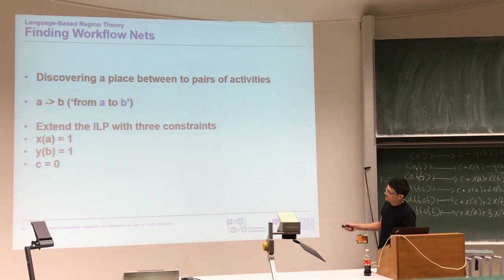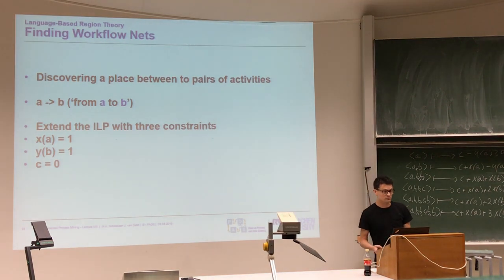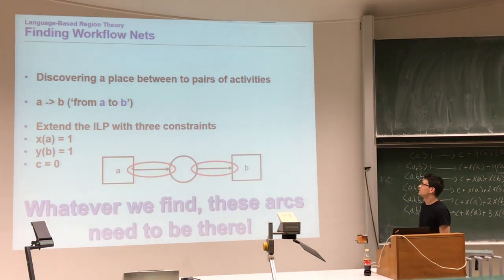So that's an example of how to find places that connect A and B, going from A to B. If I would like to add an additional token, I can put it to 1, and if I don't specify anything, the solver is free to choose. So this shows that whatever we find using this ILP, we always have these two arcs in the solution.